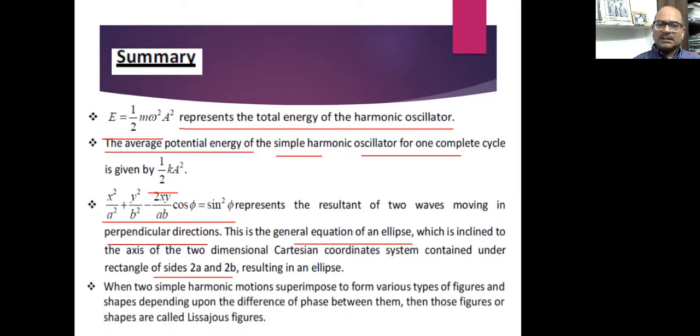And when we have different shapes due to this superimposition, these shapes are known as Lissajous figures. So our last discussion was up to this point.